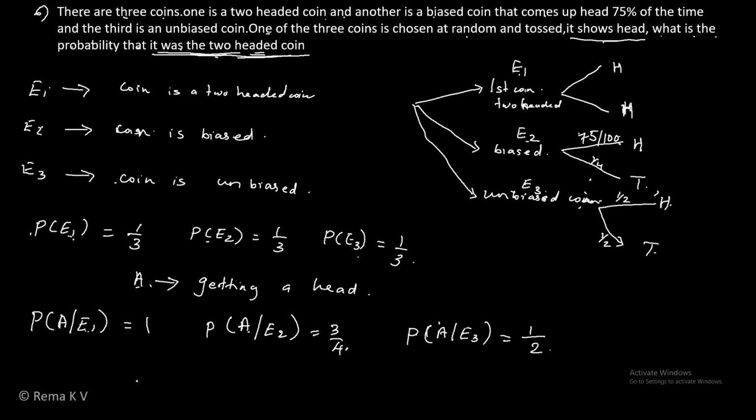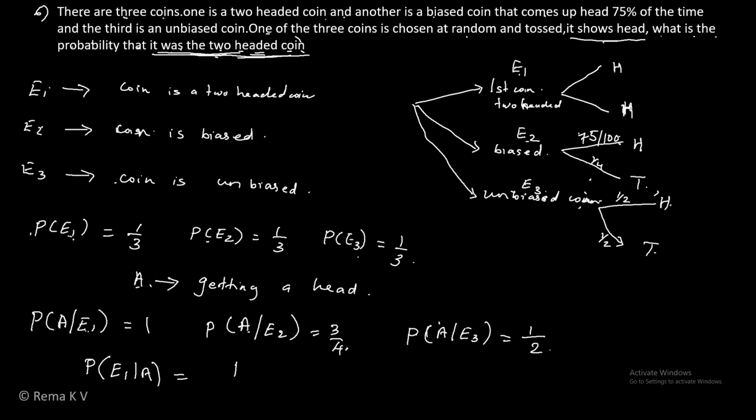So what we have to find here is the probability of the two-headed coin, E1 given A. Okay, we have to find probability of E1 given A.